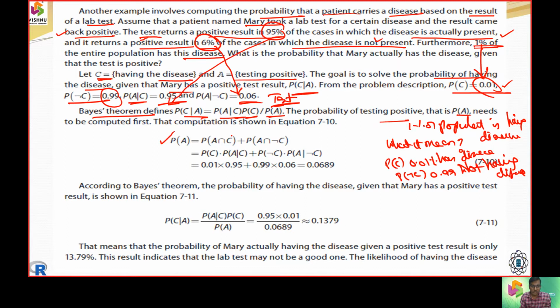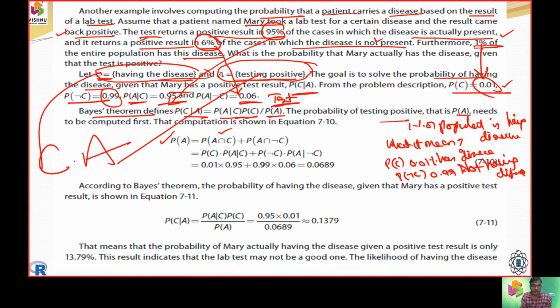P of A will be the combination of two items: testing positive and having the disease. C we are going to call having the disease, and A we are going to call testing positive.